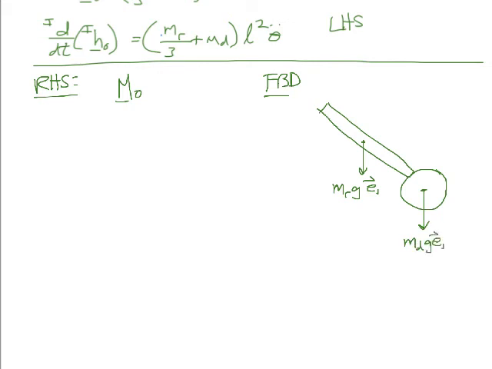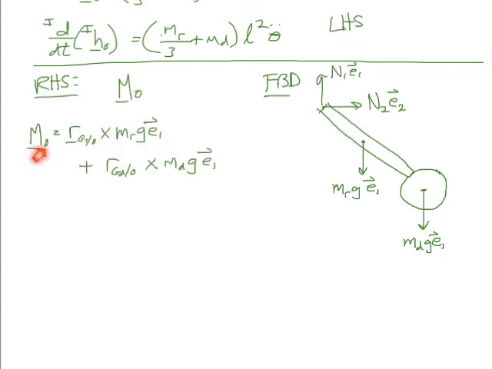And then the other forces we have are a normal force, I'll call this N2 in the E2 direction, and then N1 in the E1 direction. The moment about point O will be due only to the force due to gravity on the rod and the force due to gravity on the disk, and so it's the position vector of the center of mass of the rod with respect to O crossed with the force acting on the rod, and then the position vector of the center of gravity of the disk with respect to O crossed with the force of gravity on the disk.